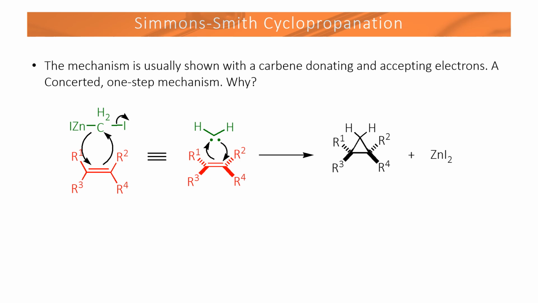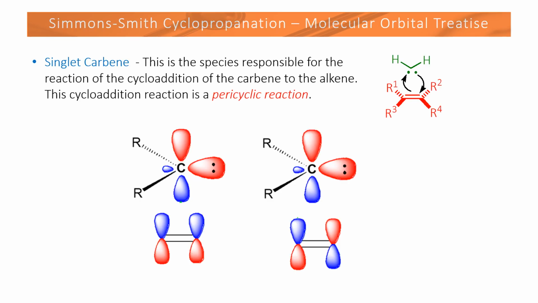The mechanism is usually shown with a carbene donating and accepting electrons in a concerted one-step mechanism. Why? Apparent, when we look at this Simmons-Smith, that with the molecular orbital treatise, it becomes quite clear because we're talking about a singlet carbene. Now, this is the species responsible for the cycloaddition of the carbene to the alkene.